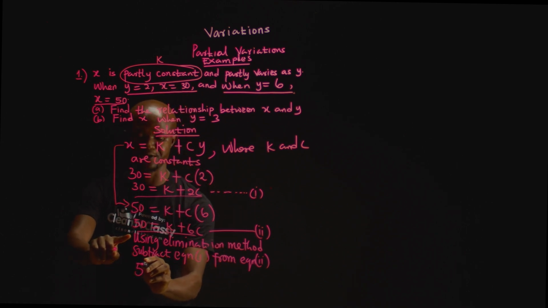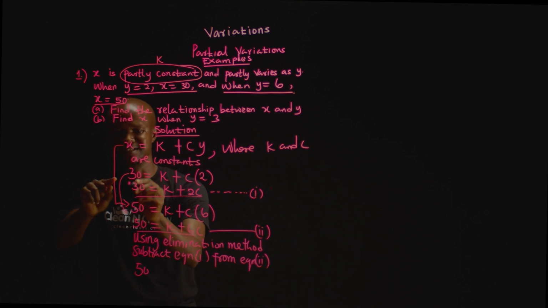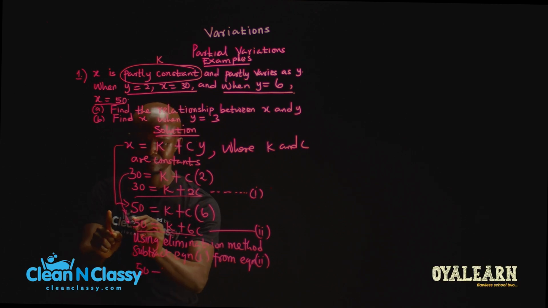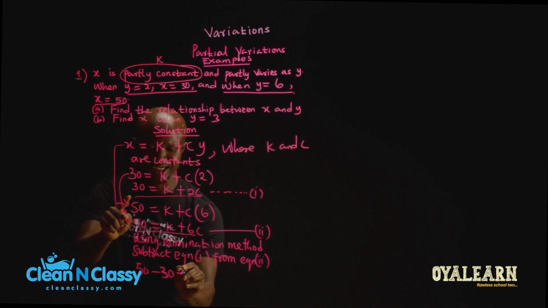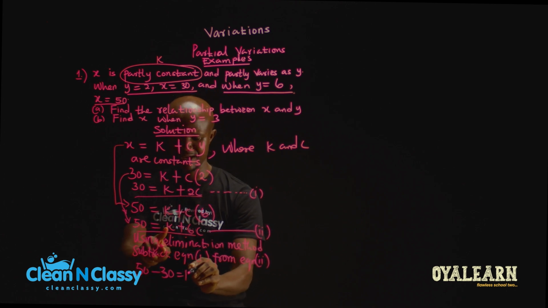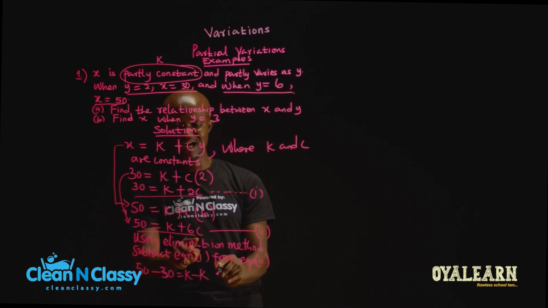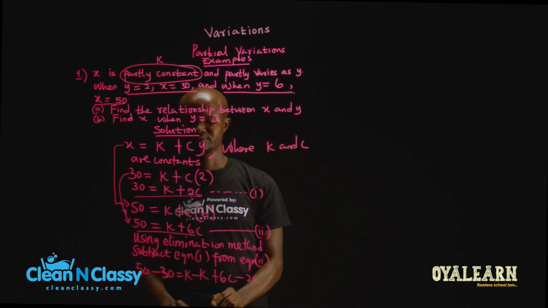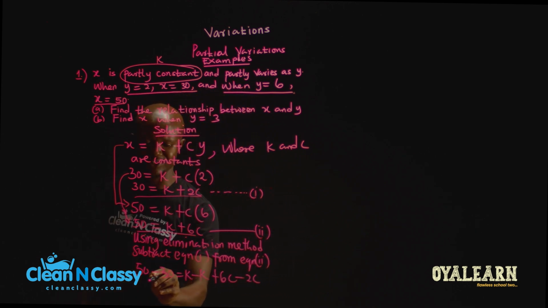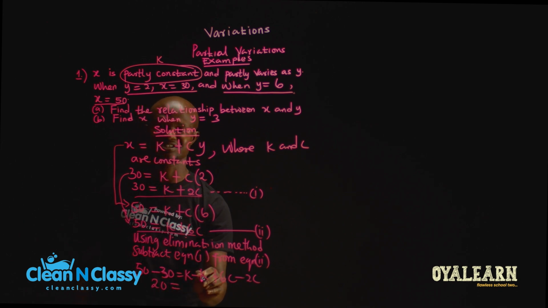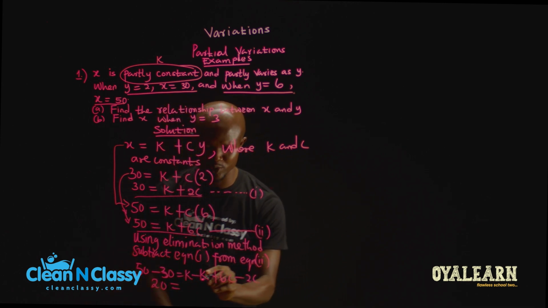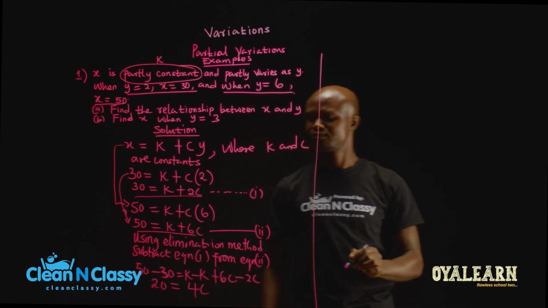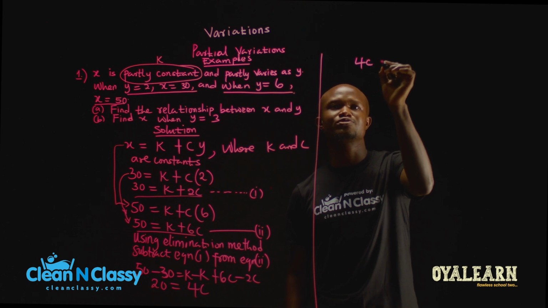From the left, we have 50, and we are subtracting this one from this one, so take note. 50 minus 30. Then k minus k, then 6c minus 2c. 50 minus 30 is 20. k minus k is 0, so that one has gone. 6c minus 2c is 4c. So we have 4c equals 20.